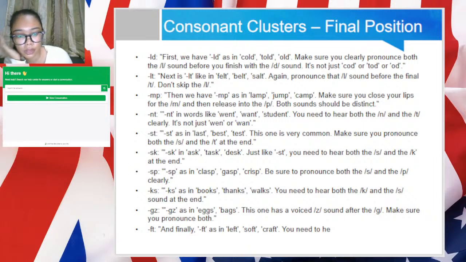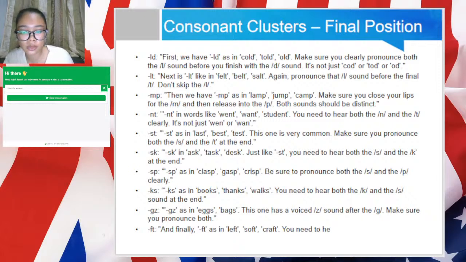We have the first: ld, old, cold, old, belt, felt, jump, lamp, nt, student, want, went, best, test, last, ask, task, desk, class, crisp, books, things, walks, eggs, bags, left, and soft, craft.